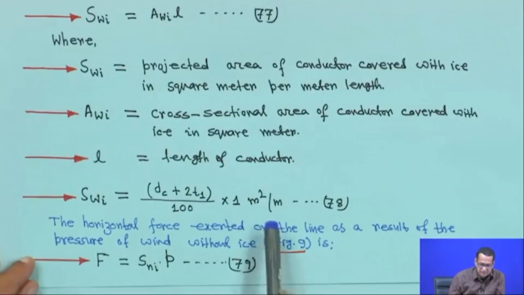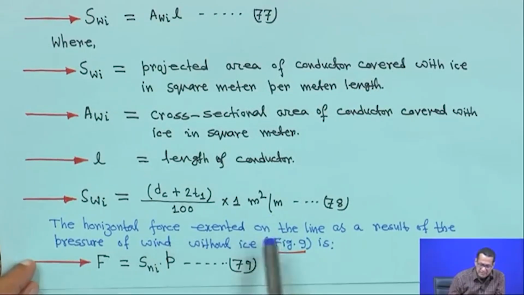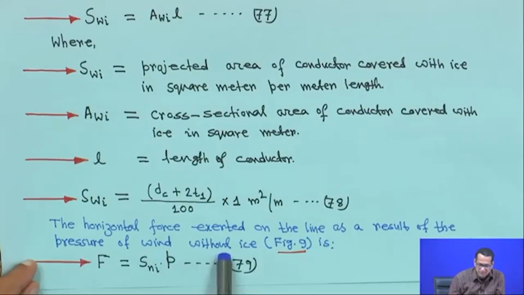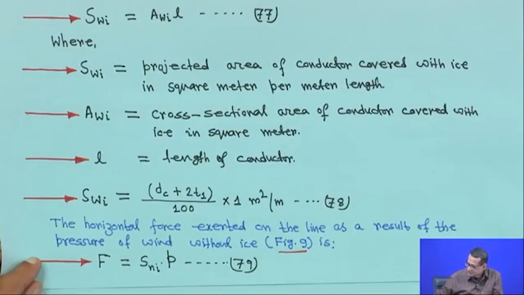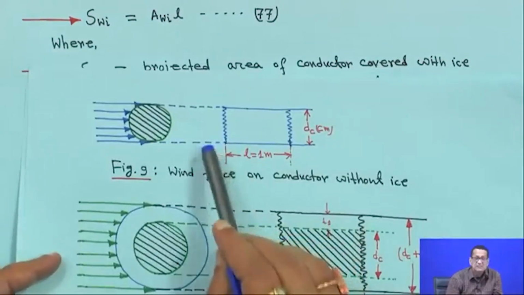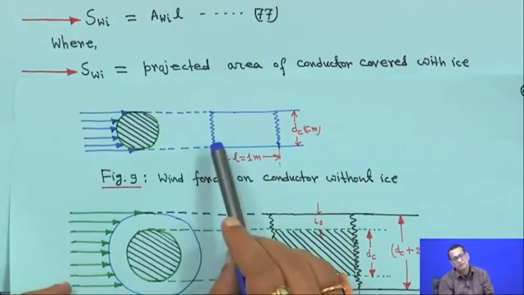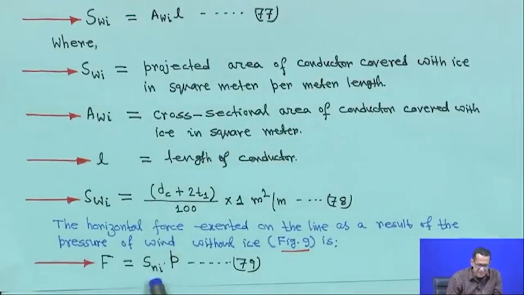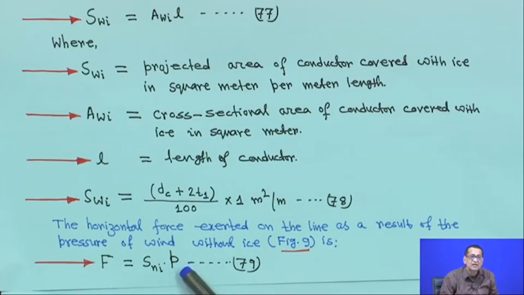Therefore, the horizontal force exerted on the lines as a result of the pressure of wind without ice, that is this figure 9, without ice, will be F is equal to SNI into P. Here P is the wind pressure in kg per meter square, we will come to that.